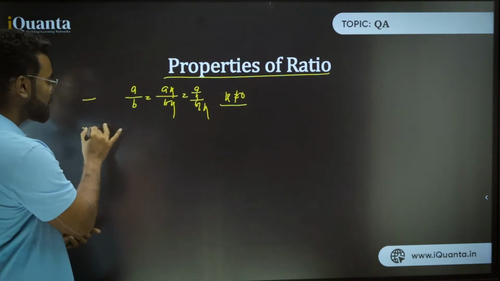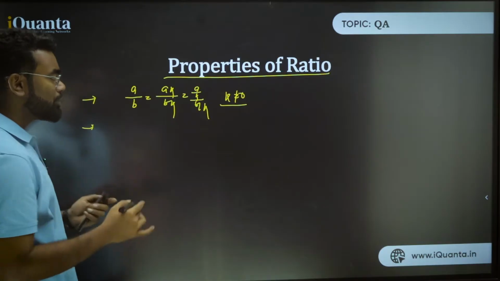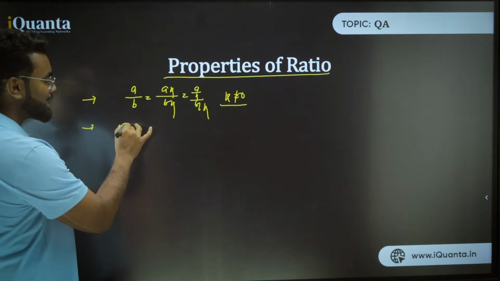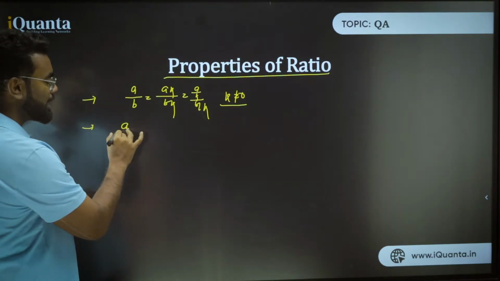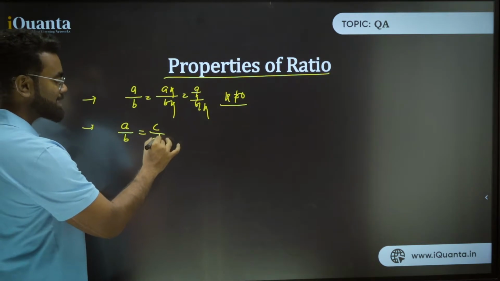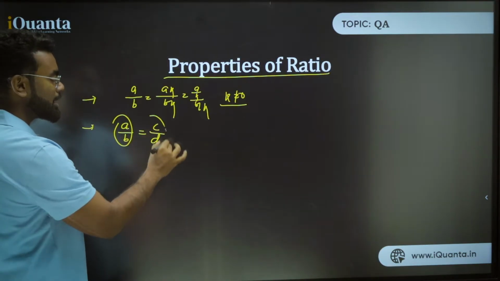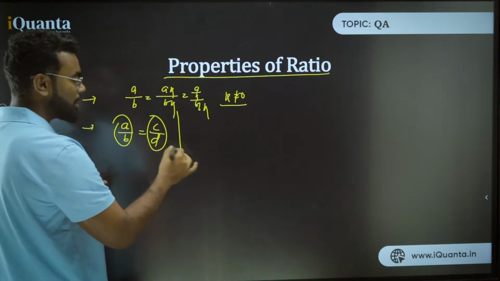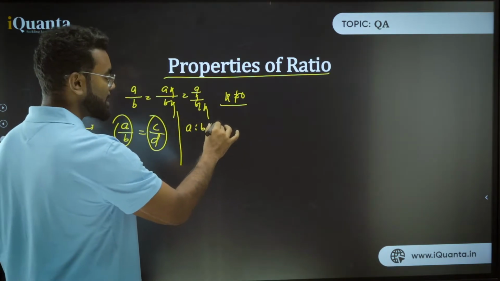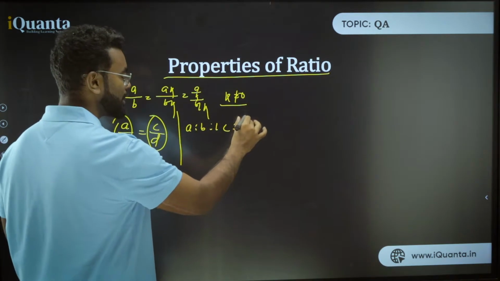Now, the second thing we learn here, which is also very important, is in case of proportion. If A by B is equal to C by D, I can say these two ratios are equal. So we can say these quantities are proportional. I can say A is to B is the same as C is to D. And what does it mean?